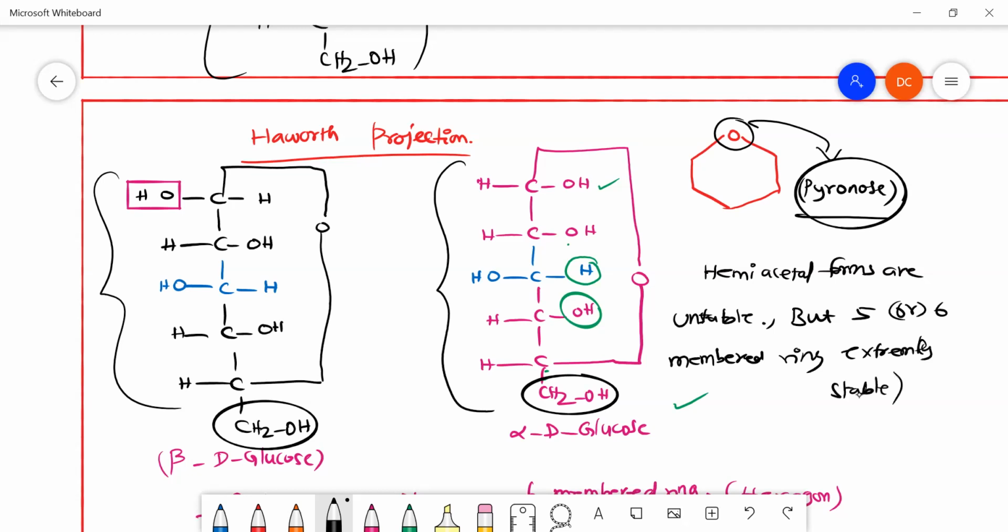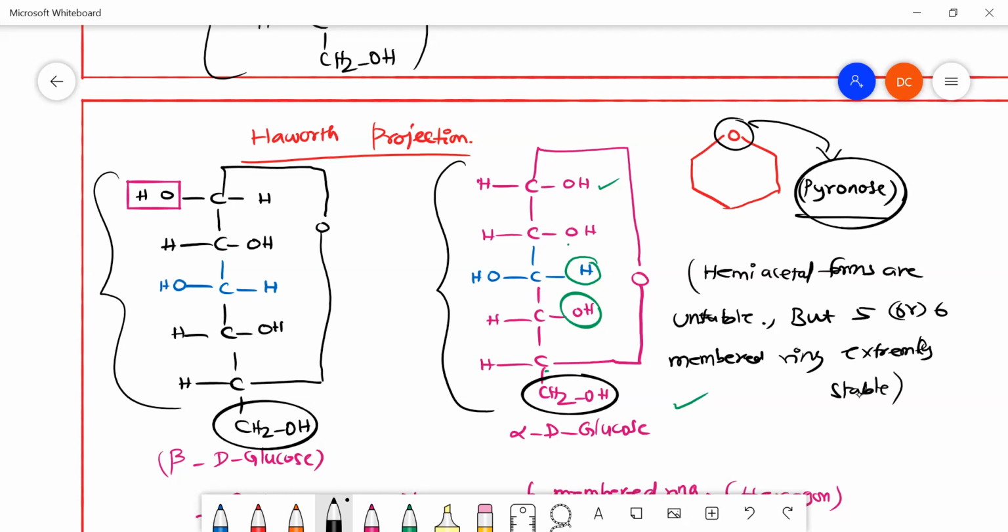This stability can be checked by experiment. Is that clear?